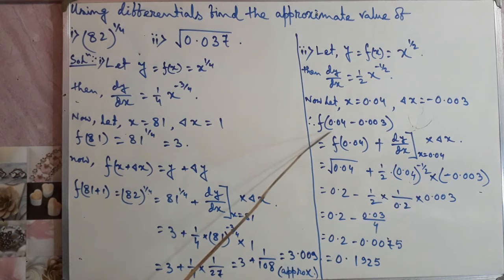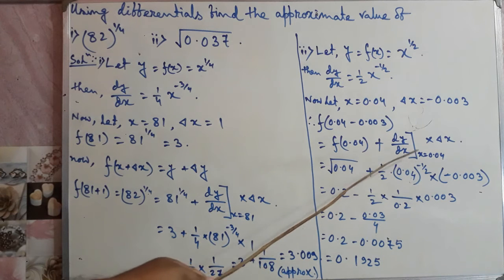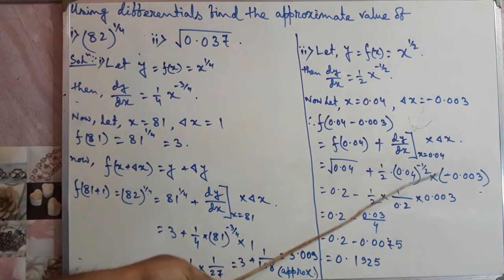So f of 0.04 plus delta y, that is dy dx into delta x for x equal to 0.04. Putting these values, we will get the value of root over 0.037 equal to 0.1925.